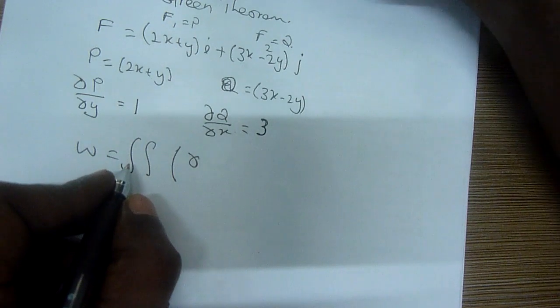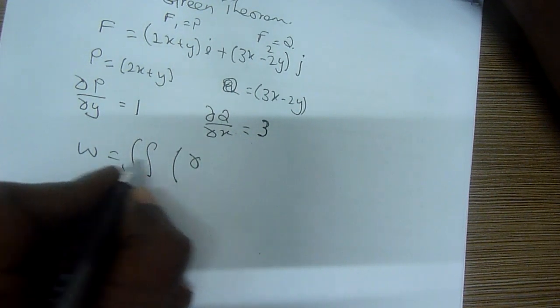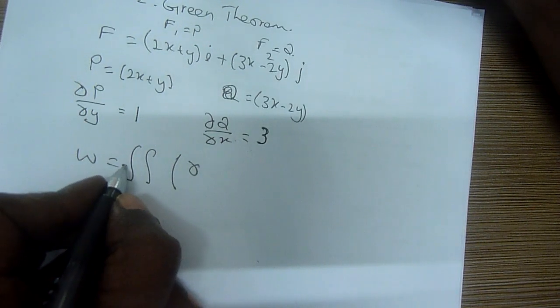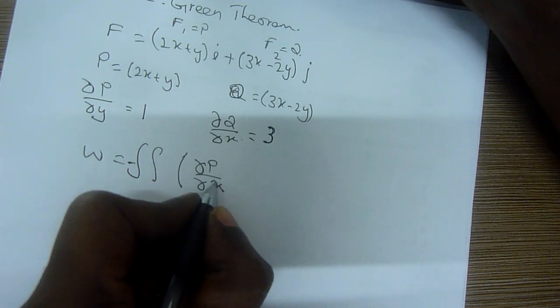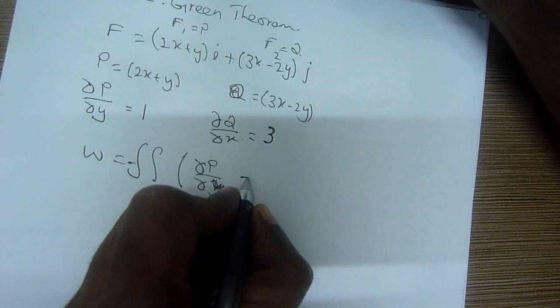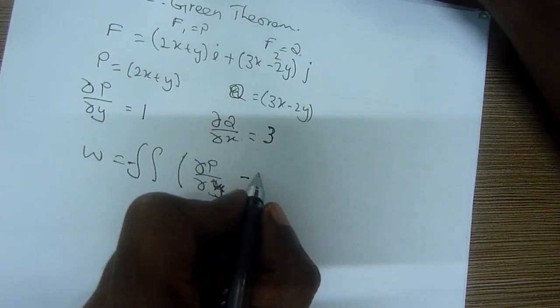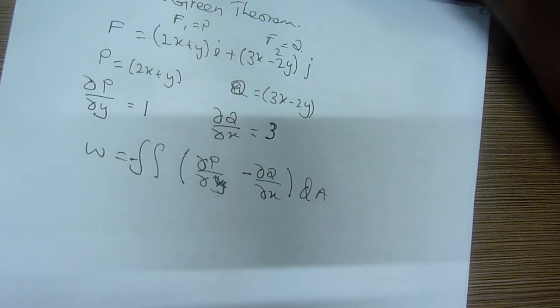Can I choose this to be negative here? I stick to the same formula, ∂P/∂y, and this one is ∂Q/∂x dA.